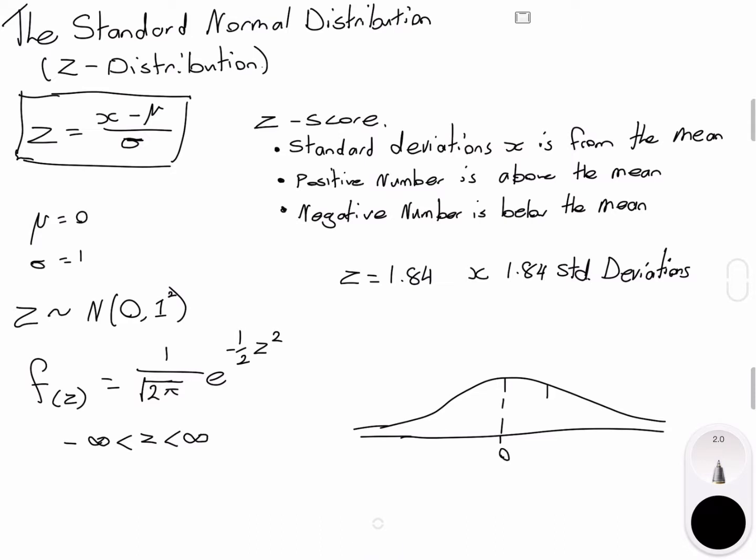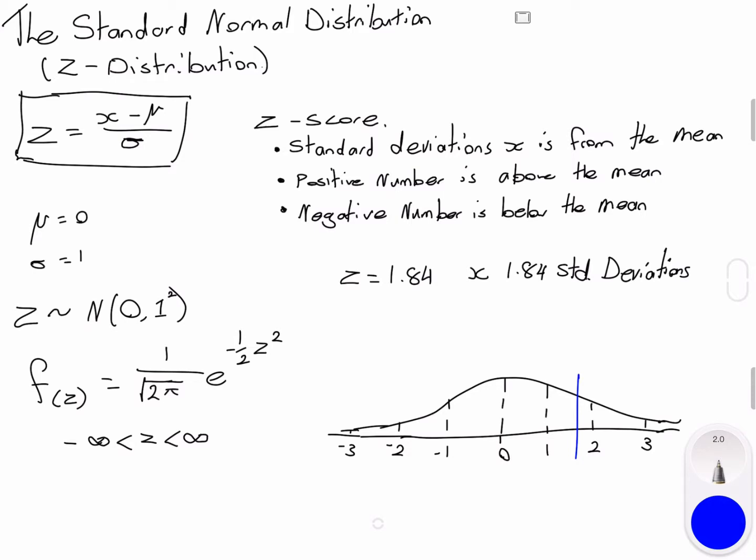We're going to have 1, 2, down here it's going to be minus 1 and minus 2, and if we keep going off we'll have minus 3, and up this end we'll have plus 3. So our Z score here would lie somewhere about here.